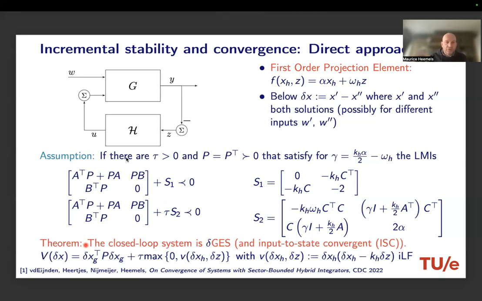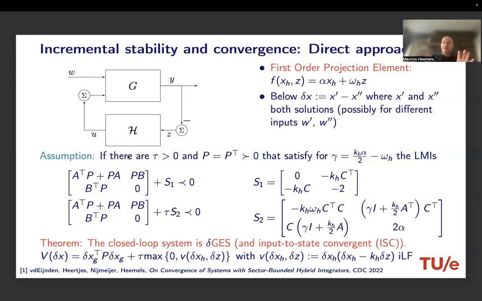By smart design, by looking at certain particular properties of these incremental dynamics, we could design directly a piecewise quadratic incremental Lyapunov function certifying incremental global exponential stability and this input to state convergence property, if certain LMI conditions are true, involving the controller parameters, kh and omega h, and other variables.